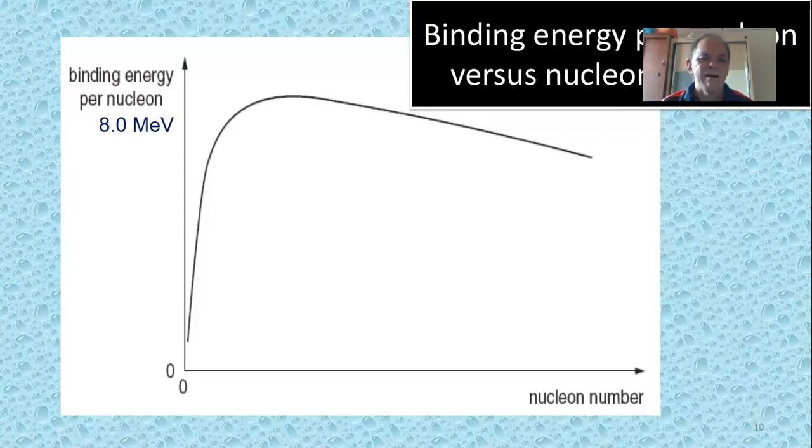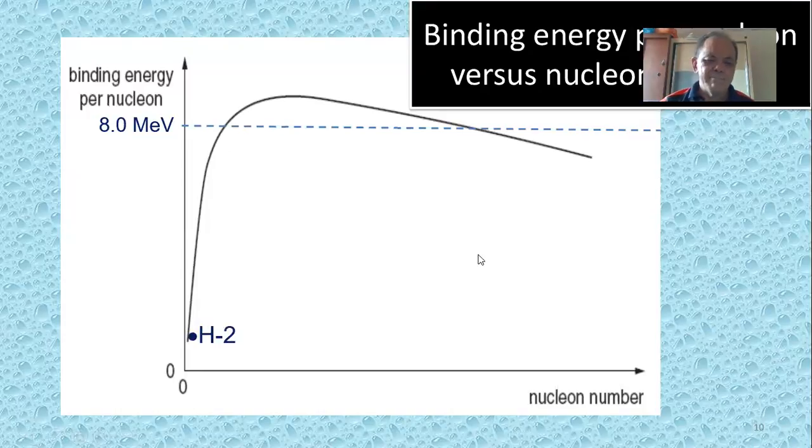Then we can draw roughly the shape. You don't need to really know the exact values. Sometimes they will give you, sometimes they won't. That's roughly the shape. Most of the nuclei have a value of about 8 mega electron volts. The smallest is deuterium, with 1 proton and 1 neutron.